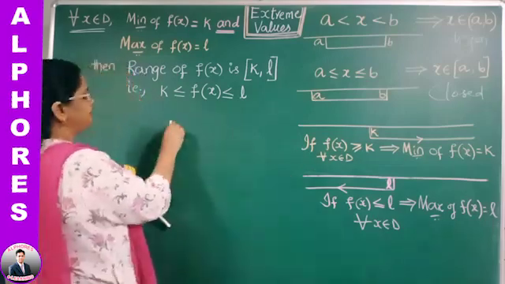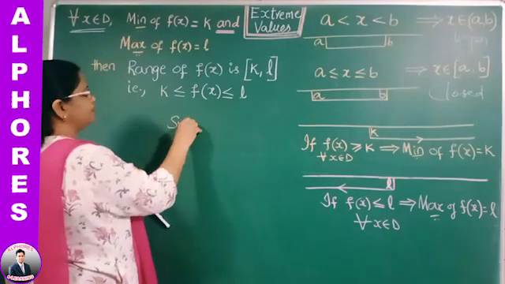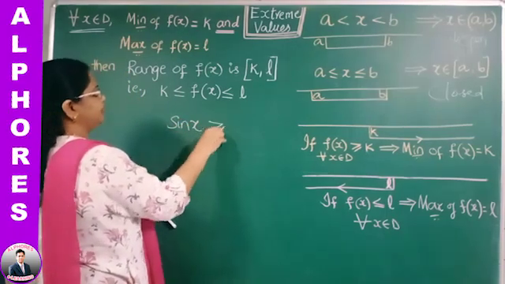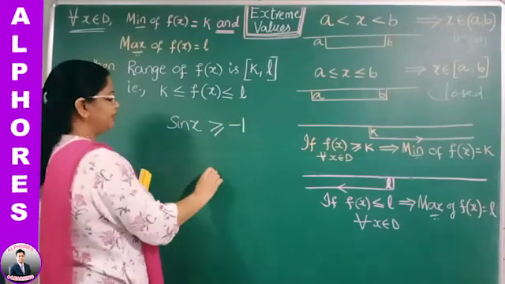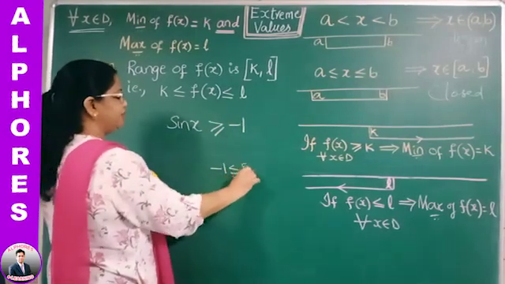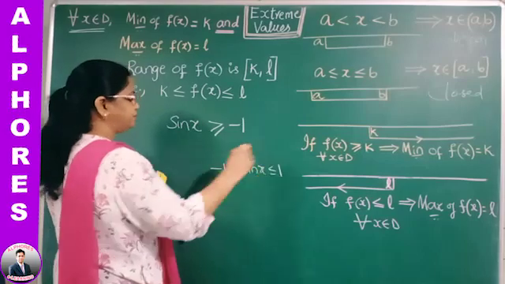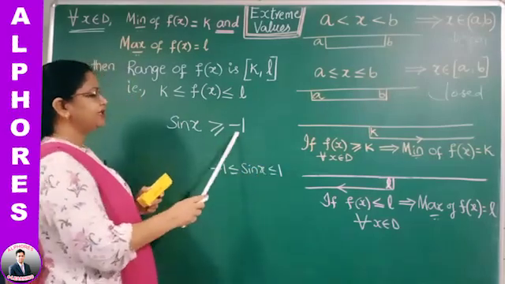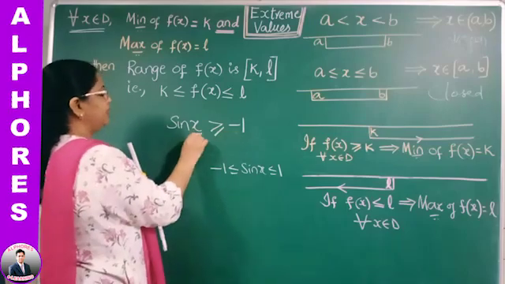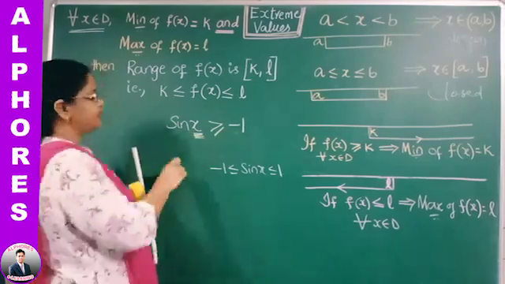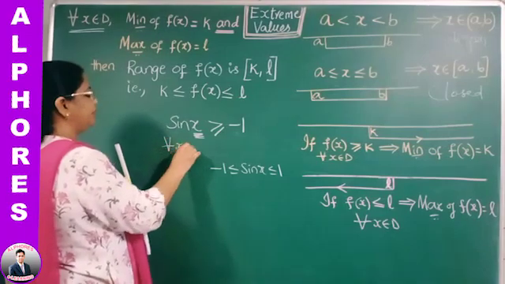And you know very well students, sin x is greater than or equal to -1, because you know the range of sin is -1 to +1. For all x belonging to R, isn't it?